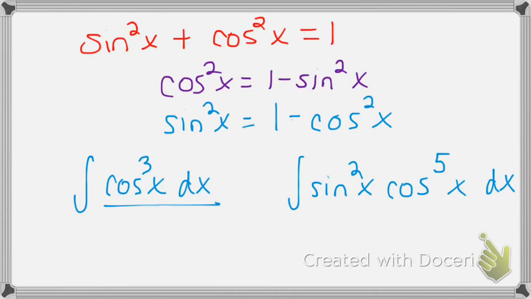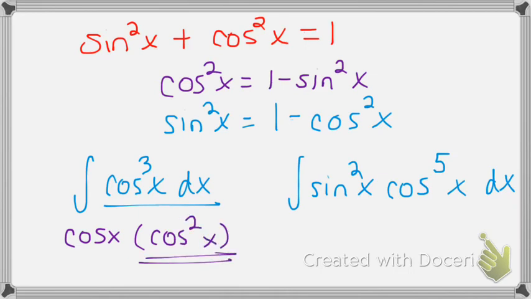So on this problem right here, I would separate it into cosine of x and then cosine squared of x, and then I would use the identity for cosine squared of x. So you separate it and you leave one of them alone because that one is going to be used for u substitution eventually. And you would change cosine squared of x according to the identity.